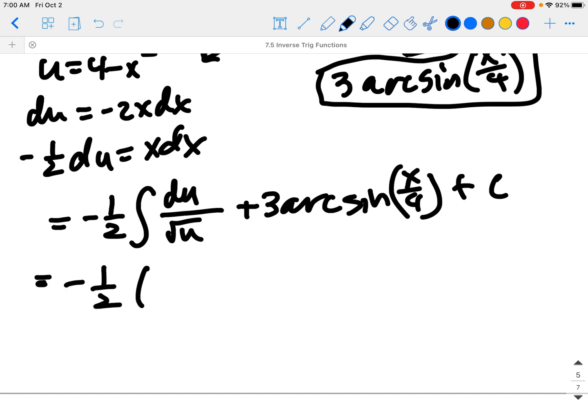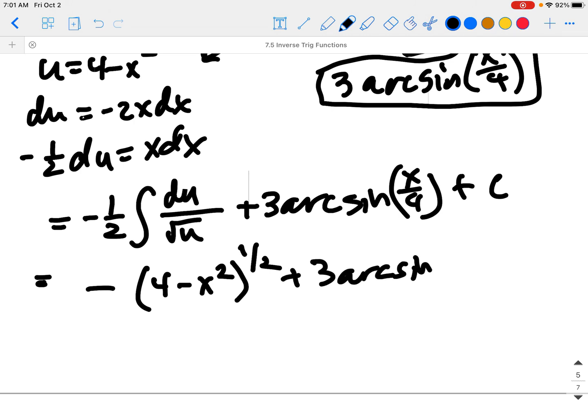So we'll have negative half. We're going to have 4 minus x squared is u. So that'll be times 2. So actually that negative half is going to disappear. So we'll just have negative 1. Excuse me, plus 3 arc sine x over 4 plus c.